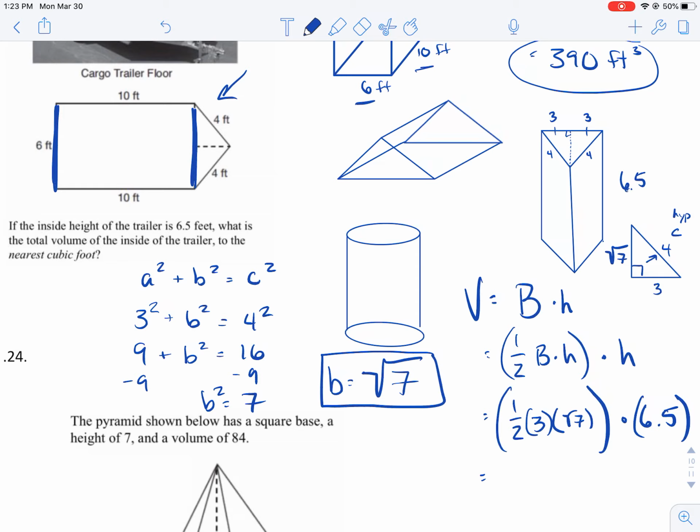Okay? And by doing so, make sure you're using parentheses for all these. So 1/2 times 3 times the square root of 7 times 6.5.